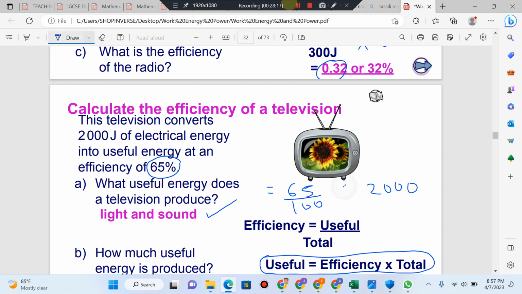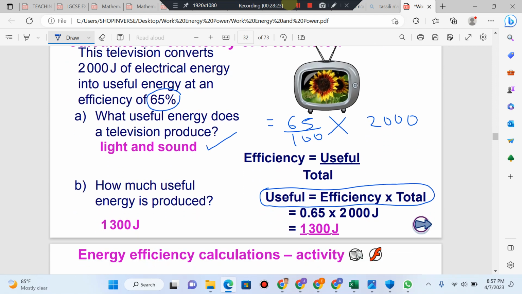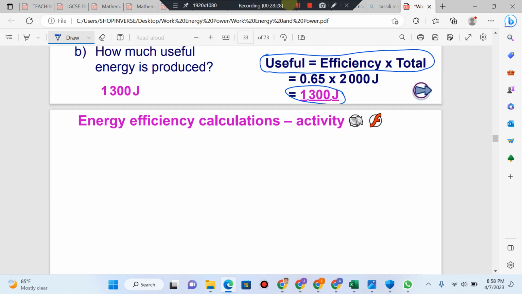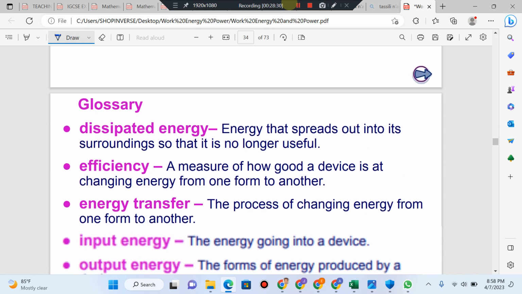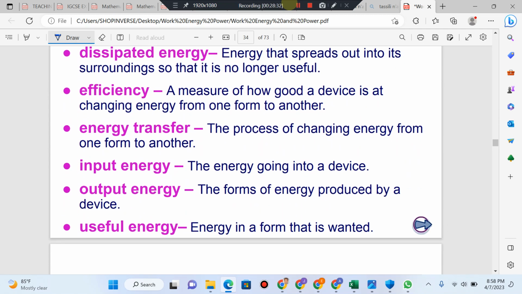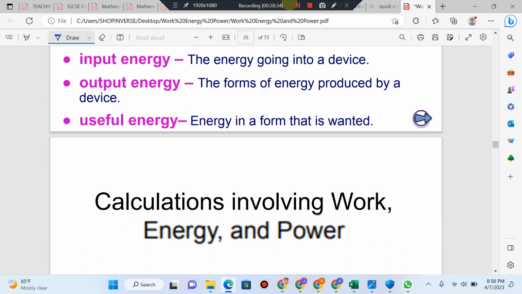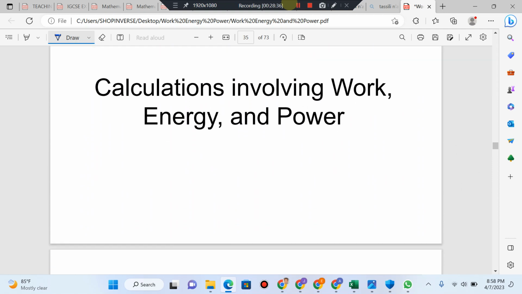You get it? Good. So when I divide 65 by 100, I get 0.65. By the time I multiply 0.65 by 2000, you get 1300 joules. So that is the point we're trying to make here.